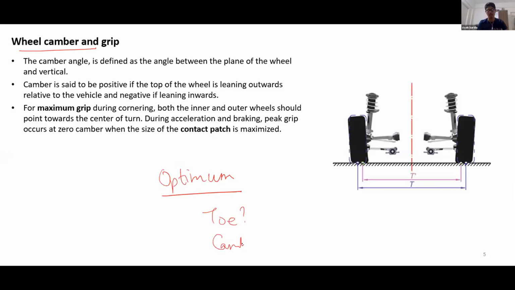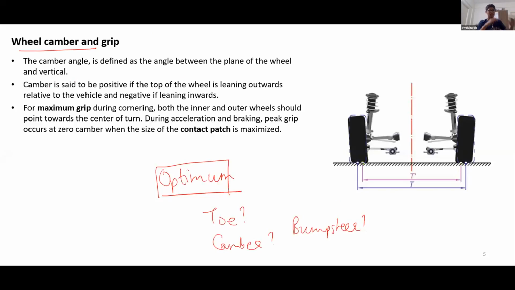How much camber is the right camber for my vehicle? What is the right amount of bump steer that I should have in my suspension, right? We have been talking about optimum angles, and now let's see what is the exact amount of optimum angle and what is the characteristic for the optimum angle. So what is the relationship?